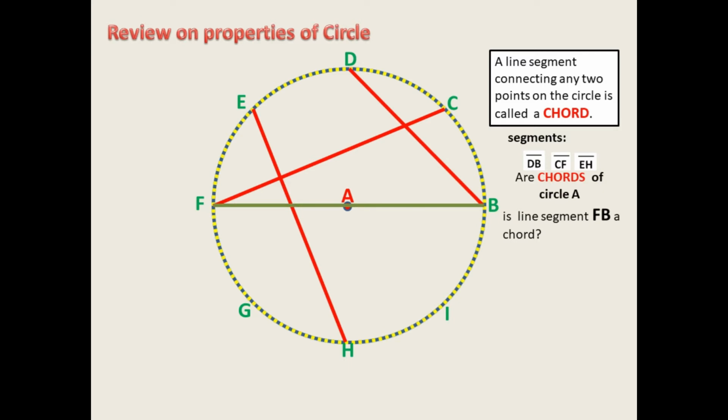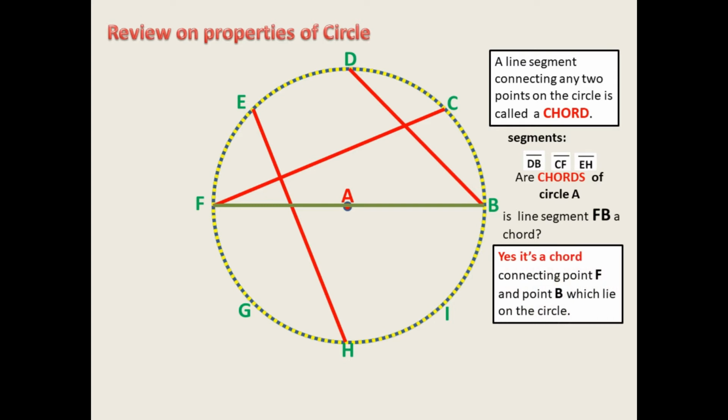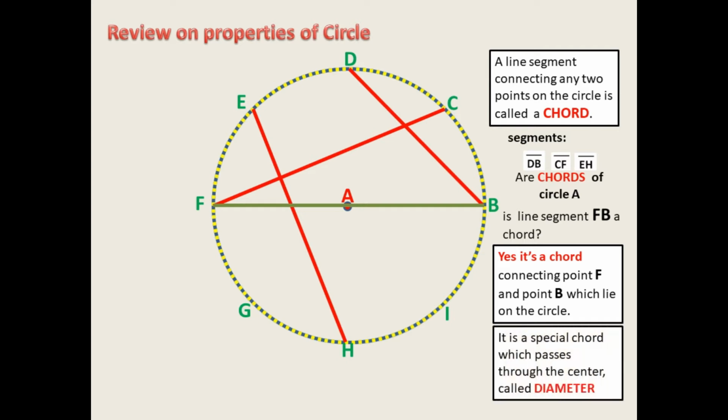So the question is, is line segment FB a chord? We are still connecting any two points on the circle, but this time it passes through the center point A. So the answer is yes, it's a chord connecting point F and point B, which lie on the circle.